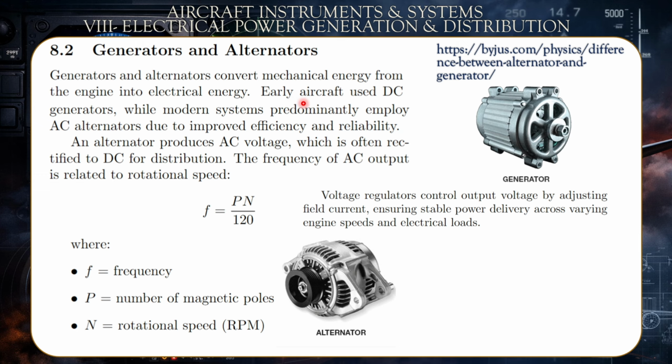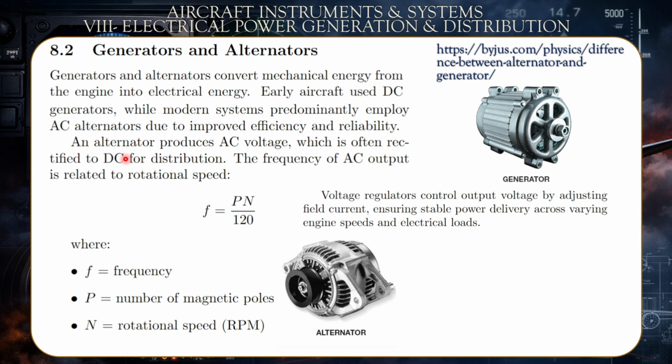However, early aircraft used DC generators, like this one to the right, while modern systems predominantly employ AC alternators due to improved efficiency, meaning that the rate of conversion from mechanical energy to electrical energy is more efficient, so lower waste of mechanical power, and they are more reliable, which means that they can be sustainable, reproducing the same power results throughout their lifetimes.